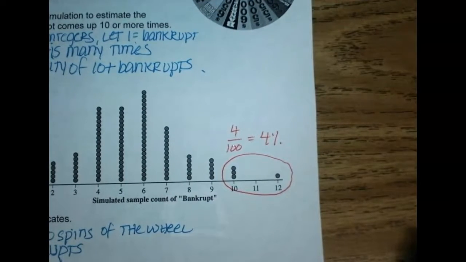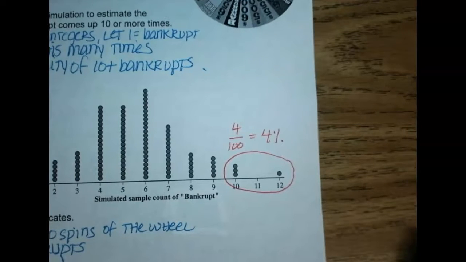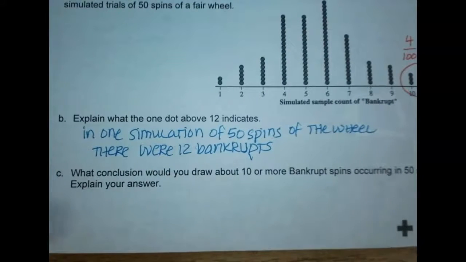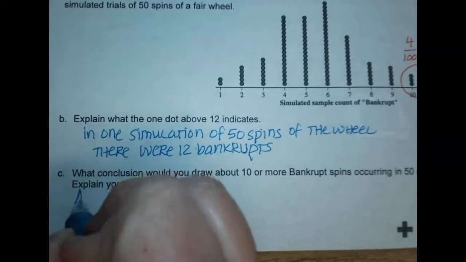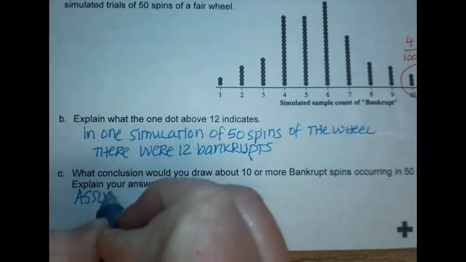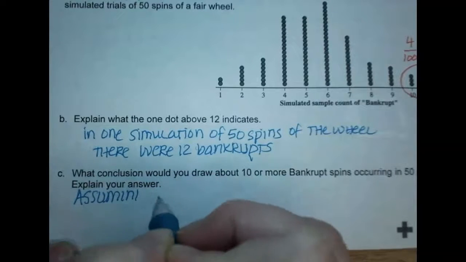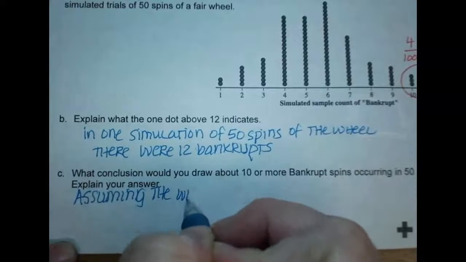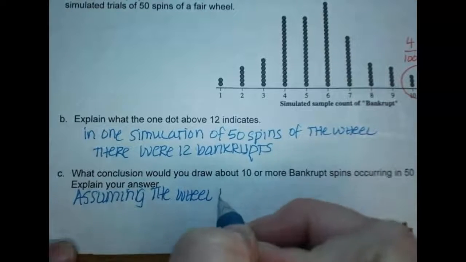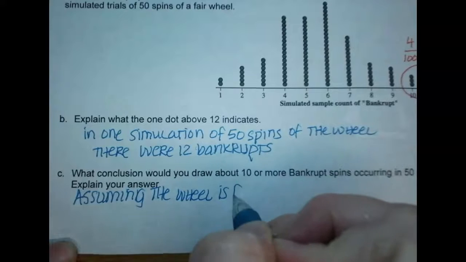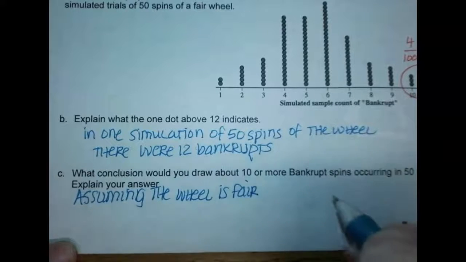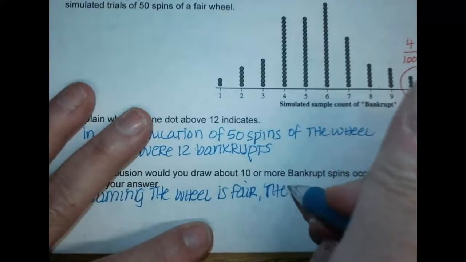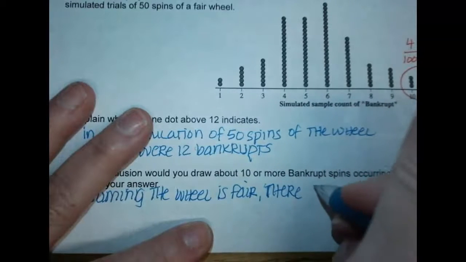Remember, we were saying that's an unusual amount if it's less than 5%. So when we started this, we were assuming the wheel was fair. You have to assume the wheel is fair. So assuming the wheel is fair, if it's working the way they said it's working, there is only a 4% chance of getting 10 or more bankrupts.